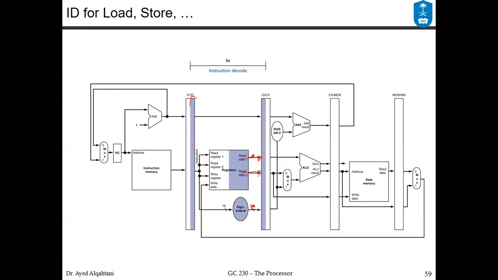Here in this register, you are reading in the latter half cycle, and here you are writing in the first. So you read in the latter half cycle and you write in the first.